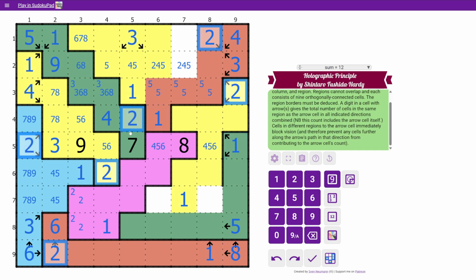Twos. 1, 2, 3, 4, 5, 6, 7, 8. Be 2 here. Threes. 3 here.